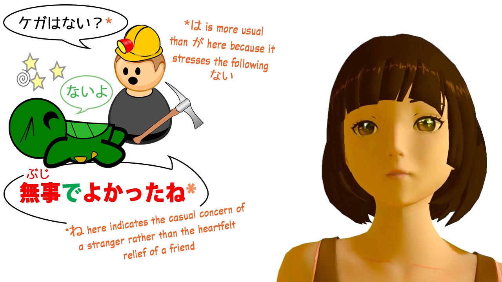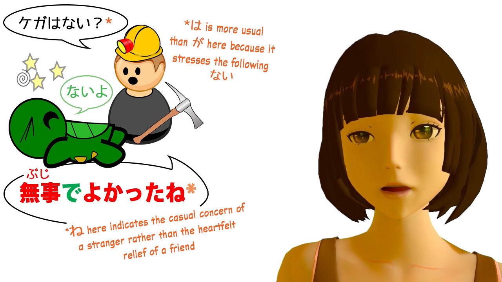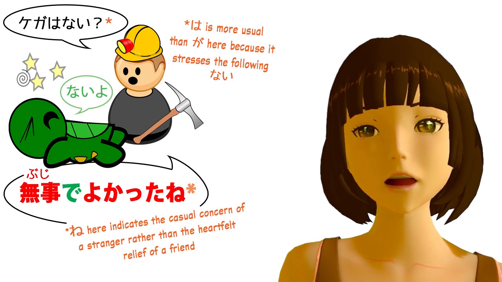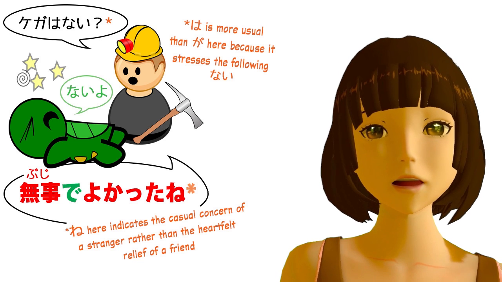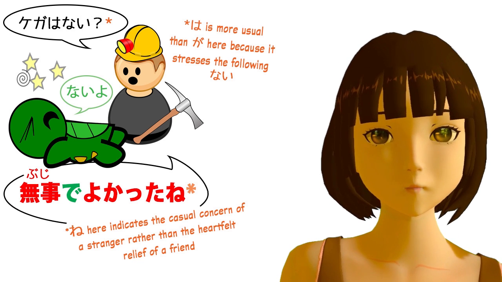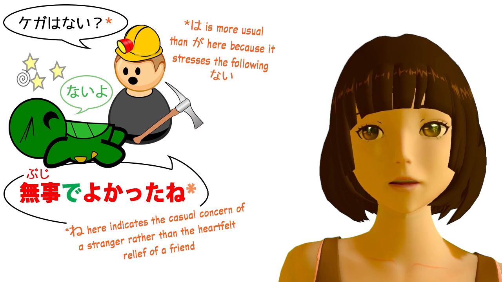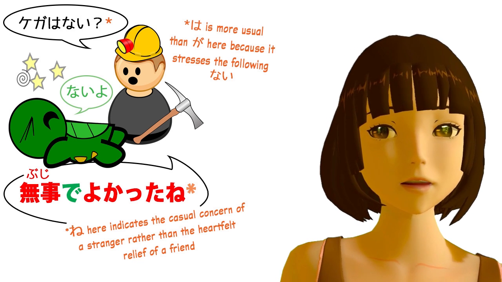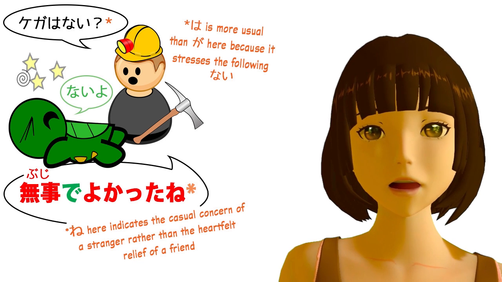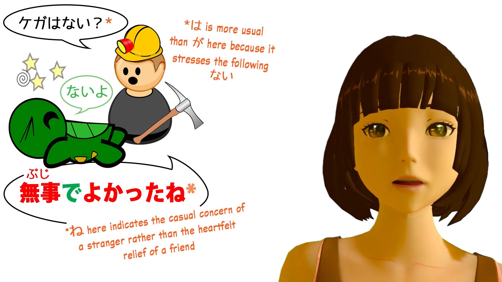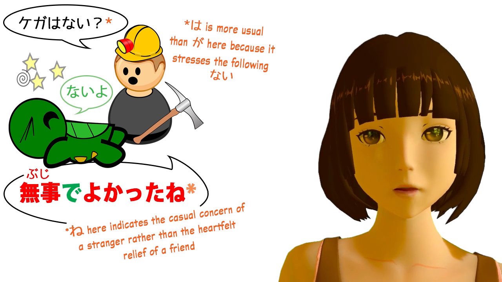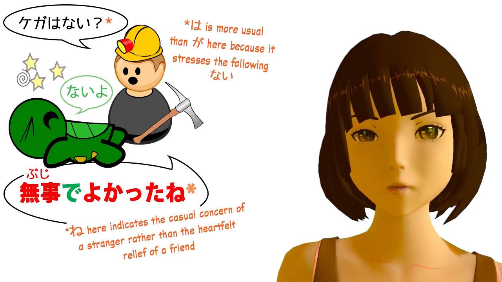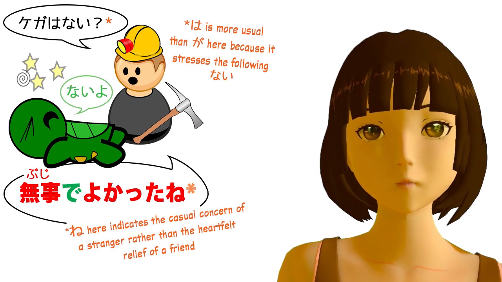So bujida means you're safe, you weren't harmed, nothing happened. Bujide is turning that da, that copula, into the connective form. We use the te form to connect things, don't we? So, just as we might say, osoku natte sumimasen, I'm sorry that I came late, we also say buji de yokatta, that you weren't hurt, that was good.